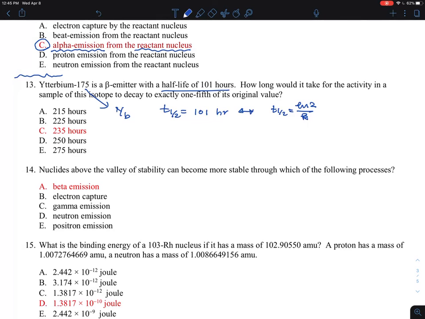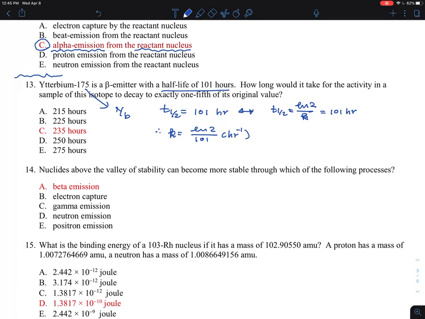And this is 101 hours. So therefore, you know your K is essentially ln 2 divided by 101, and the unit is 1 over hour.